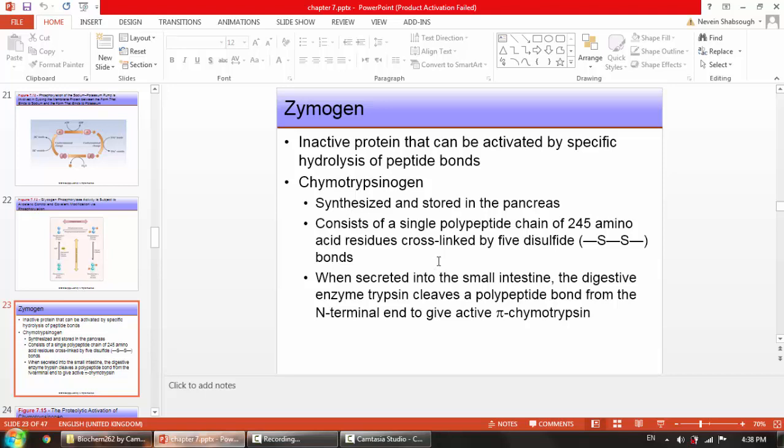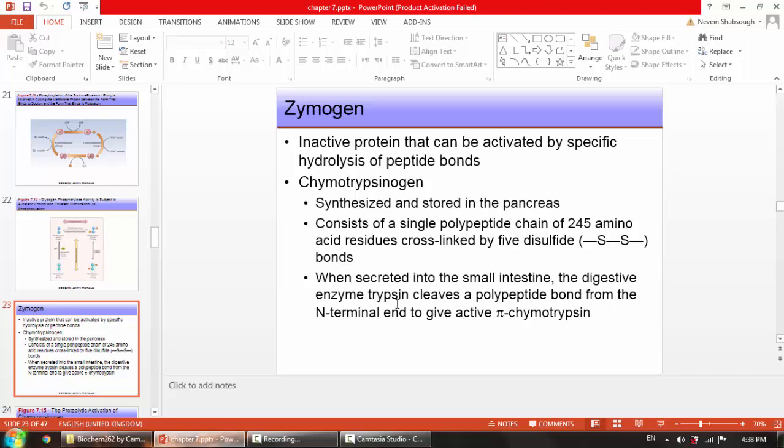certain peptide bonds. So again, we want to talk about chymotrypsinogen as a zymogen of chymotrypsin, synthesized in the pancreas, stored in the pancreas and released into the small intestine. It consists of a single polypeptide chain of 245 amino acid residues cross-linked by 5 disulfide bonds.